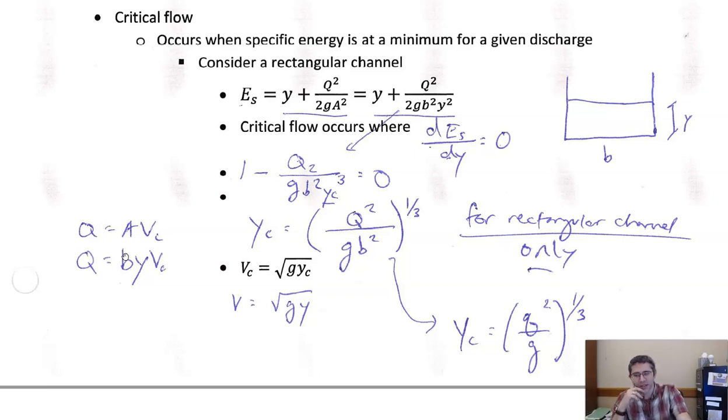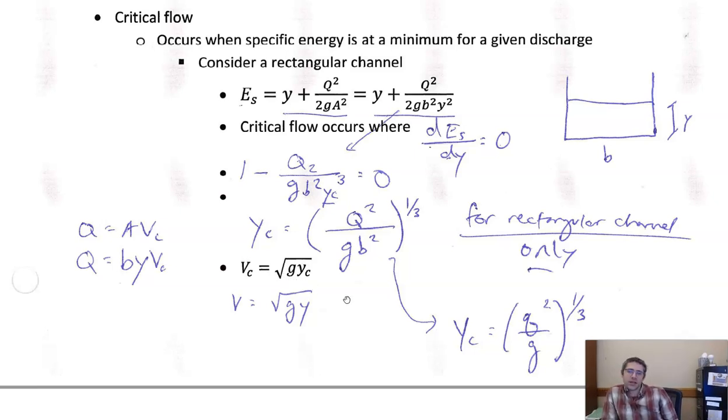And again, in a rectangular channel, we replace A with BY, then Q equals BY V sub C. If I plug into this equation for Q, BY V sub C, and simplify and isolate V, I get that V sub C equals the square root of g Y sub C, or V equals the square root of gY. So the critical velocity can be solved for as the square root of g times the critical depth.